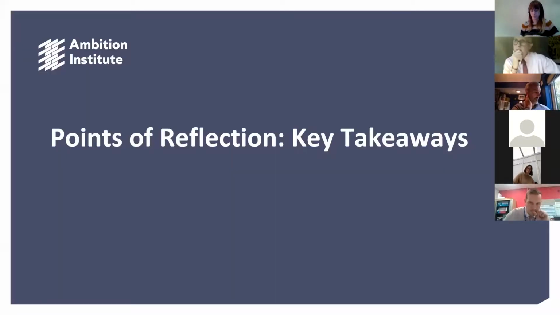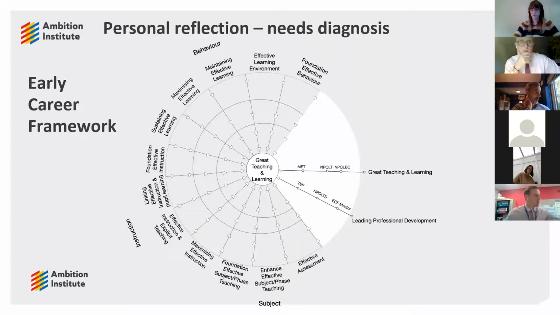So if I just take a step back and offer some points of reflection and some key takeaways. As an organisation, Ambition Institute, I would say when we think about great teaching and learning, for all the work that has gone into the early career framework over the last 2 years, the main domains that sit on the outside of this graph are the building blocks and pillars for great teaching and learning.